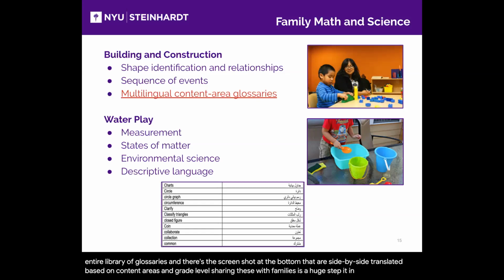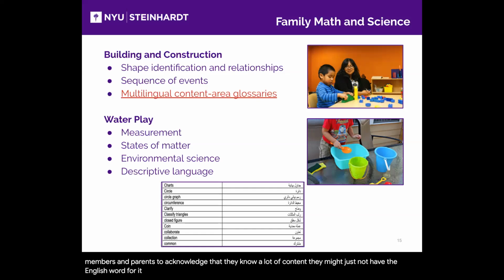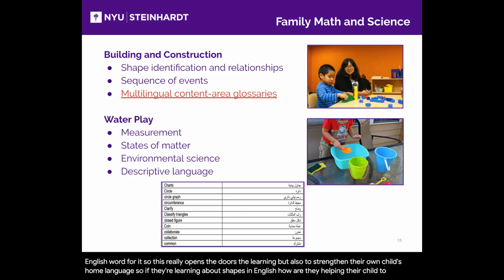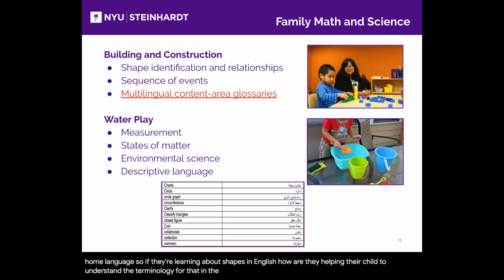It enables family members and parents to acknowledge that they know a lot of content. They might just not have the English word for it. So this really opens the doors for families being able to engage with the learning, but also to strengthen their own child's home language. So if they're learning about shapes in English, how are they helping their child to understand the terminology for that in their home language?